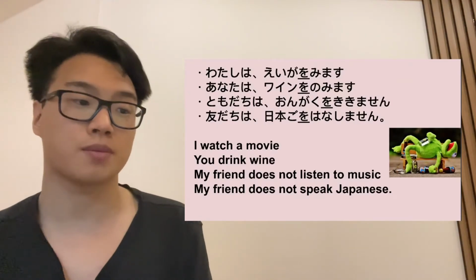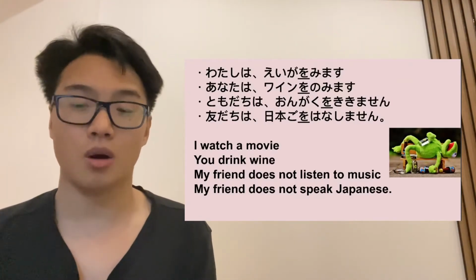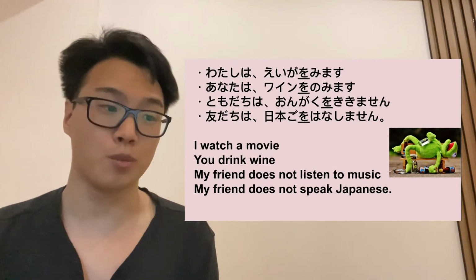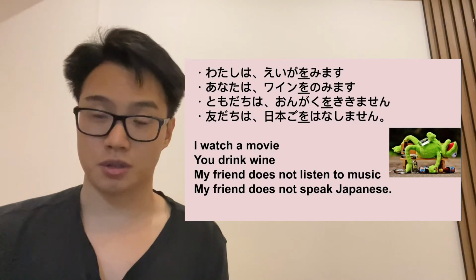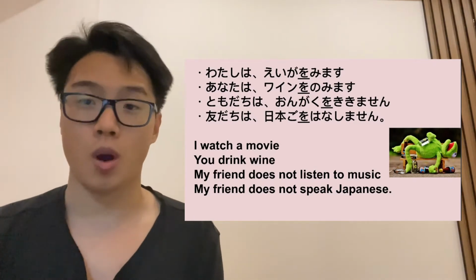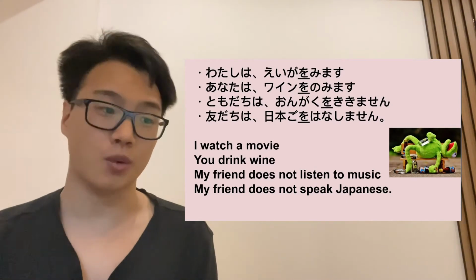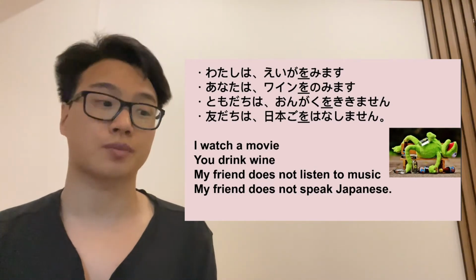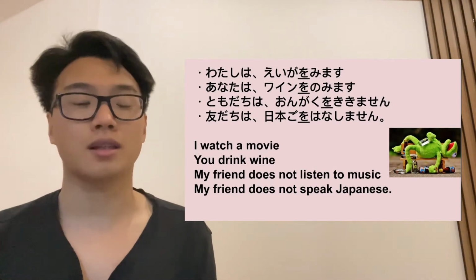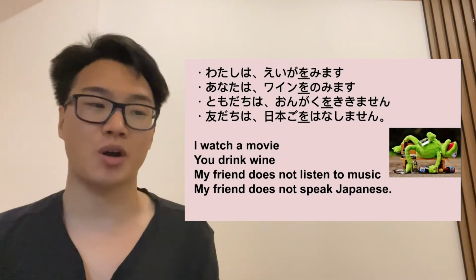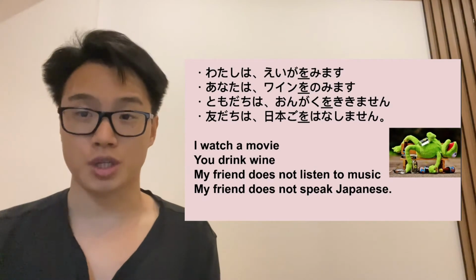The first one is 私は映画を見ます。映画, a film or movie, is an object here in the sentence. That's why we have to add o after the word 映画。私は映画を見ます。I watch a movie or film. And next, あなたはワインを飲みます。You drink wine.